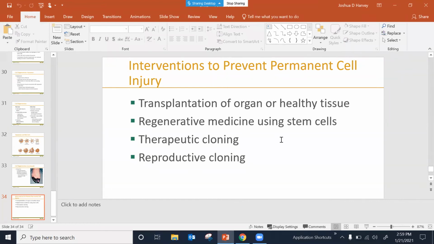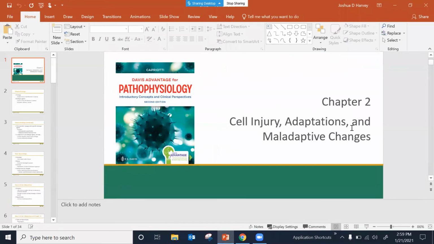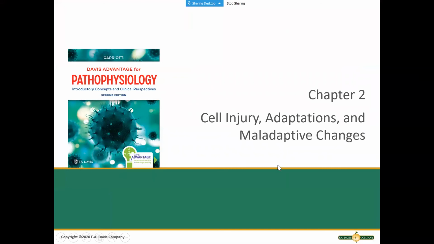What I would like to just hammer through really quickly is a little bit of chapter 2. This is the PowerPoint, and again, you guys on Zoom do have these in the Canvas shell.